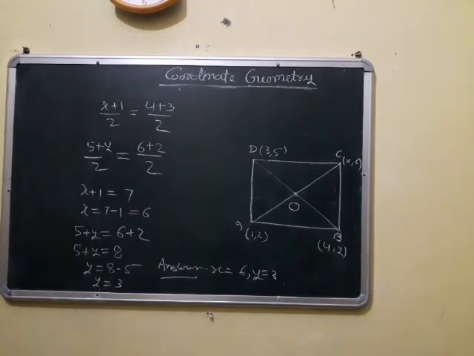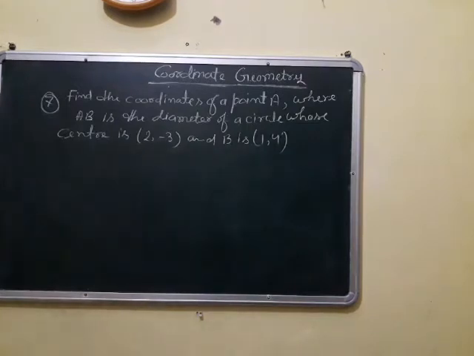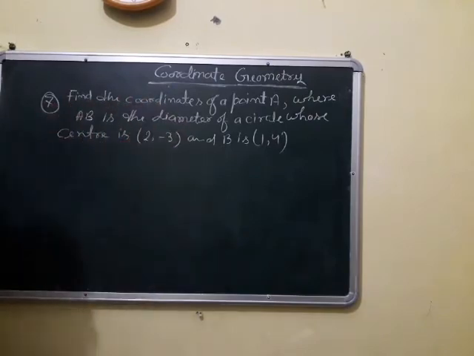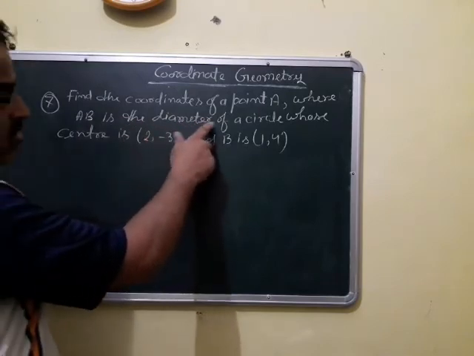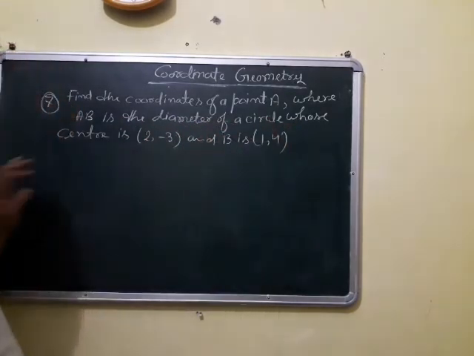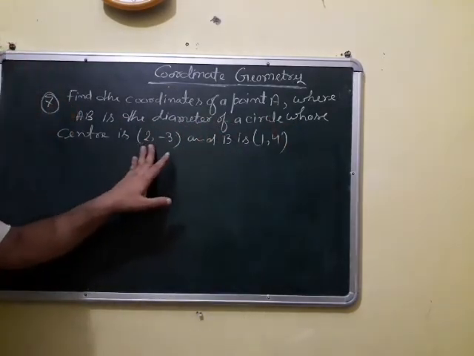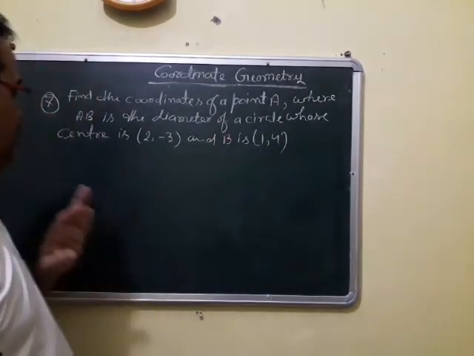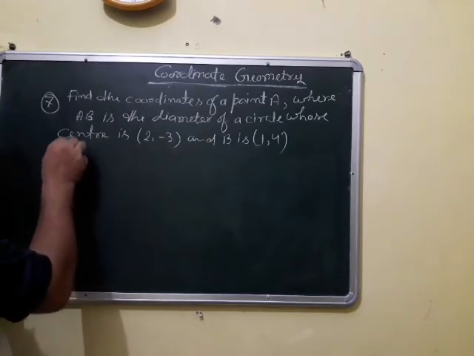Now see question number 7. Find the coordinates of point A where AB is the diameter of a circle whose center is (2, -3) and B is (1, 4). Let us see the solution.